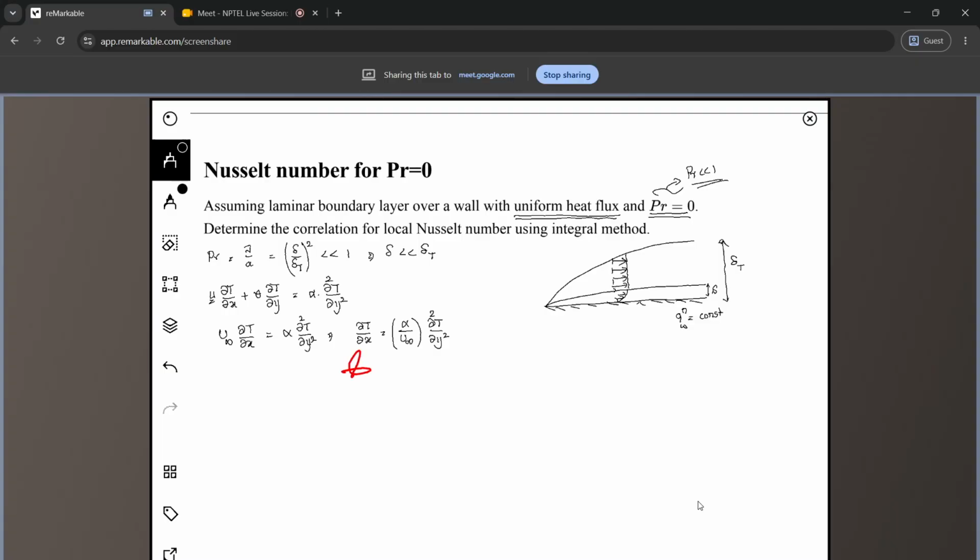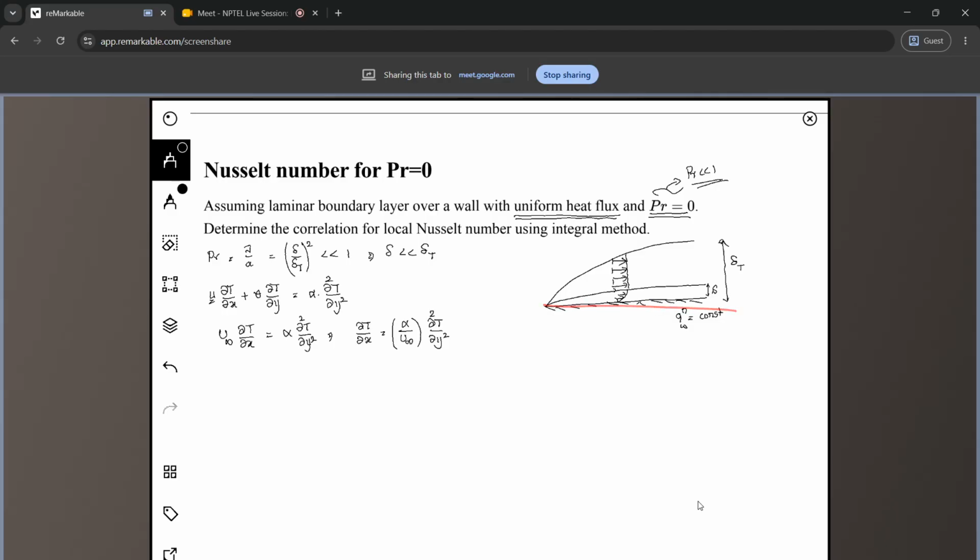Maybe you might have seen it in a different form, where you have something like del f del t is some constant times del square f del x square. And the solution of this is an error function, depending on the kind of initial and boundary conditions you're having. So this is also the type of equation you will get in case of unsteady conduction for a semi-infinite slab. Just that time is replaced with x. So we are marching in space instead of time.